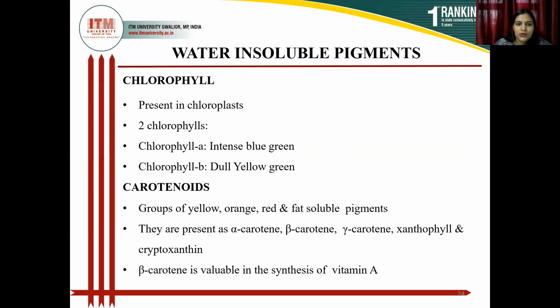Carotenoids are a group of yellow, orange, and red fat-soluble pigments. They are present as alpha-carotene, beta-carotene, gamma-carotene, xanthophyll, and cryptoxanthin. Beta-carotene is valuable in the synthesis of vitamin A.